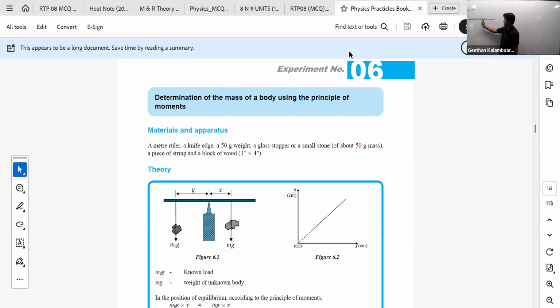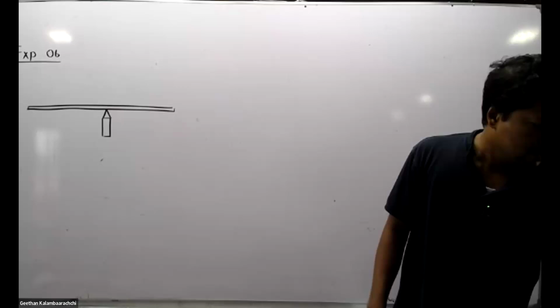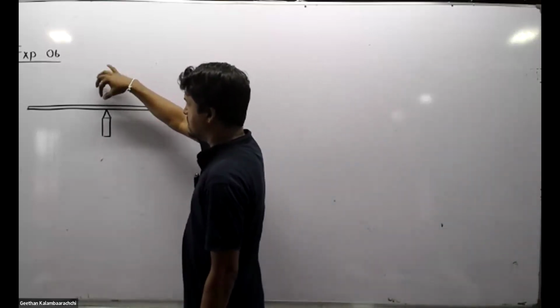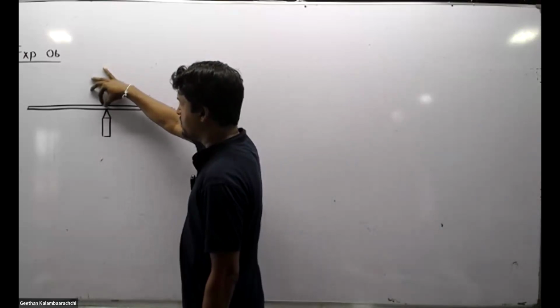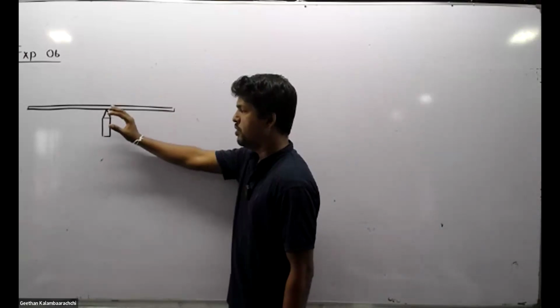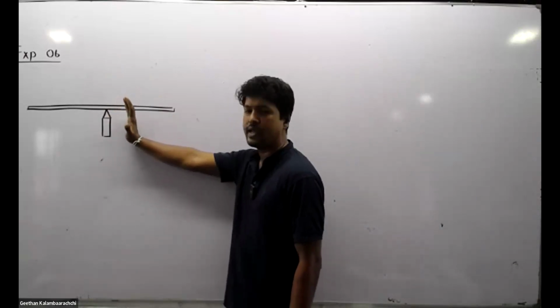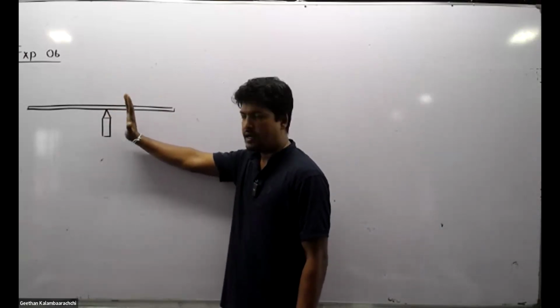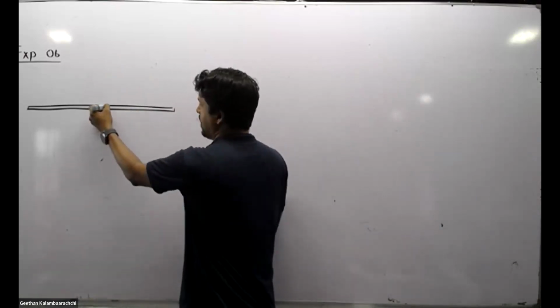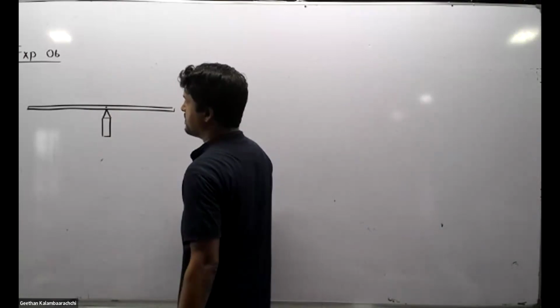Initially you balance the meter ruler on the knife edge, so that the weight of the meter ruler is in line with the normal reaction. So for moments you don't need to consider the weight of the meter ruler.